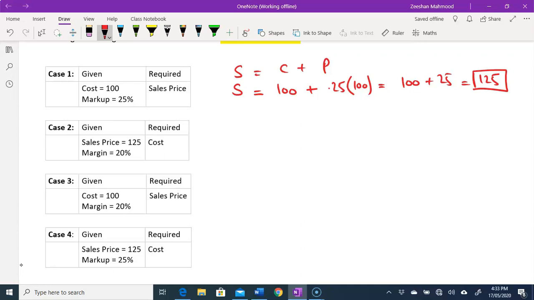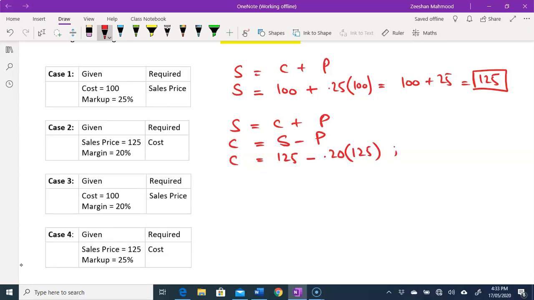Now in case 2, we're given the selling price and the margin, and we're required to calculate the cost. So we will use the same equation and modify it to calculate the cost. If S equals C plus P, then C equals S minus P. Now we're given the selling price and the profit margin, which is 20%, and we know that this is 20% of selling price, so we'll put the selling price here.